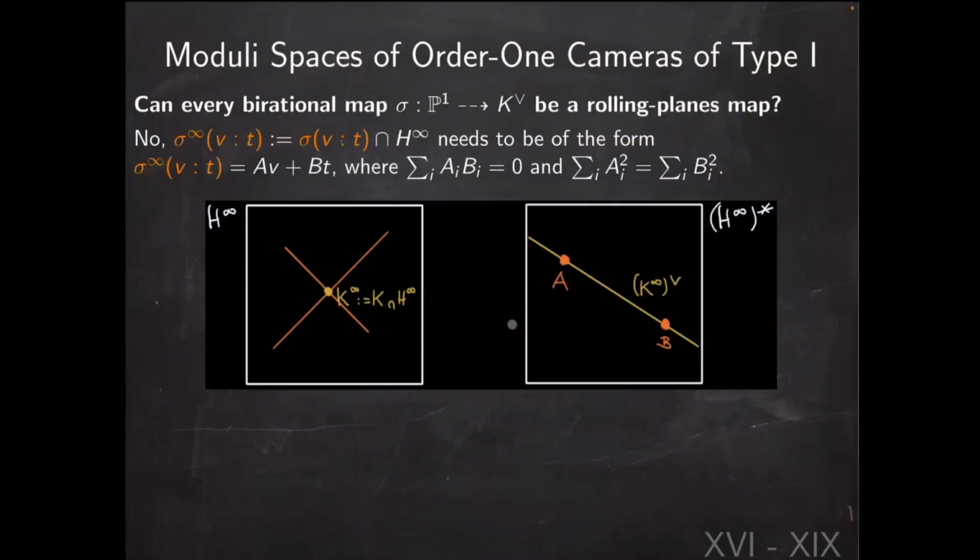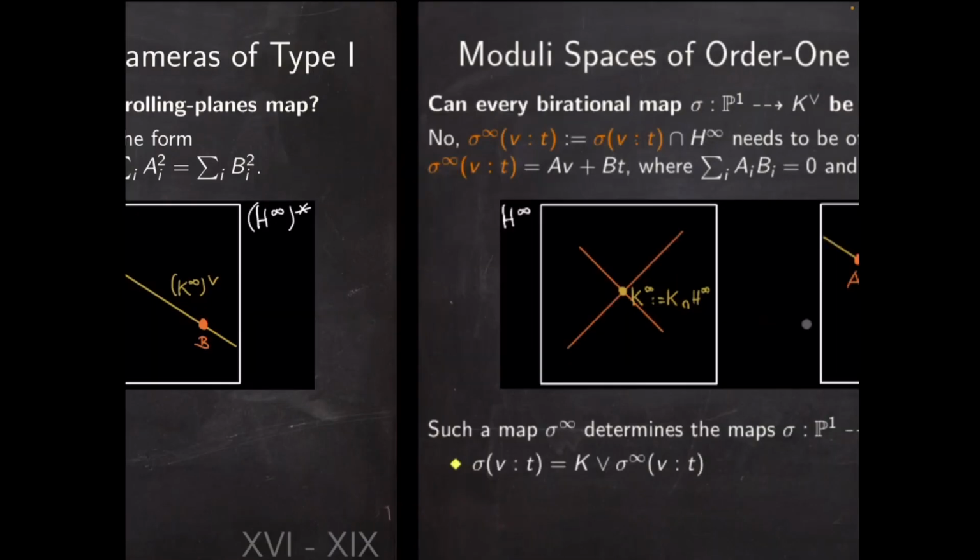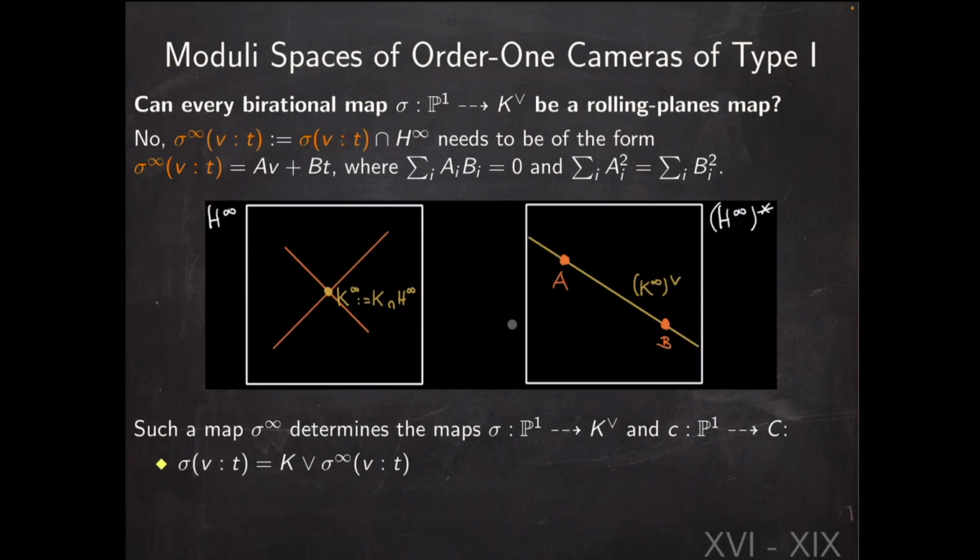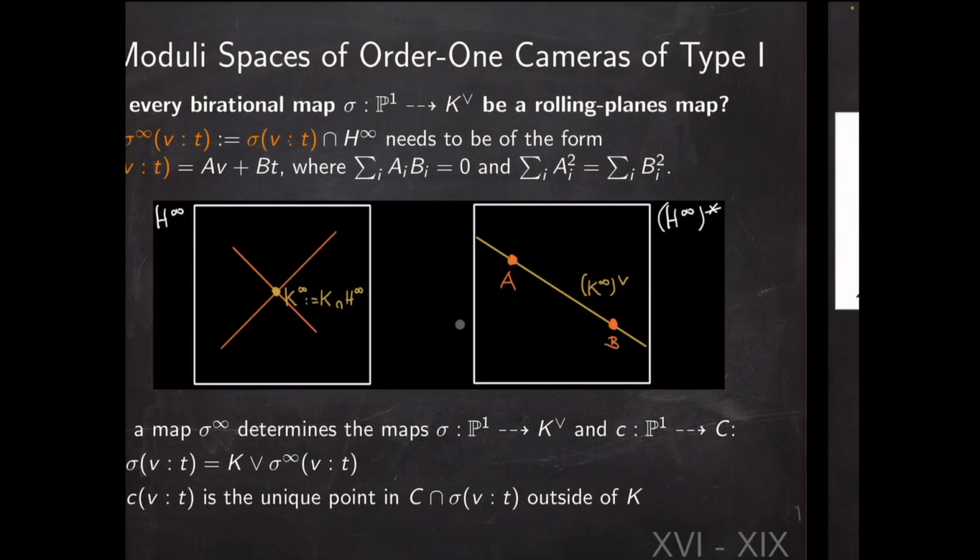Then I have to choose a very specific type of rolling planes map. There's a one-dimensional freedom that you have of those, but we can do it. But then the rotation is still not fixed. At this point, I know how the camera center moves, and I know the rolling plane, so I know the whole congruence. I know the congruence, but I do not know yet the whole lambda map because I just don't have the rotations yet.